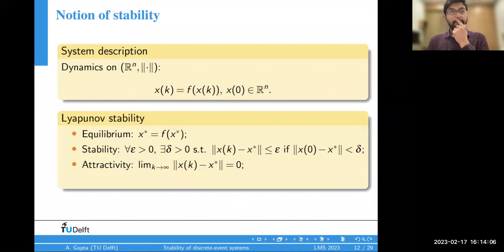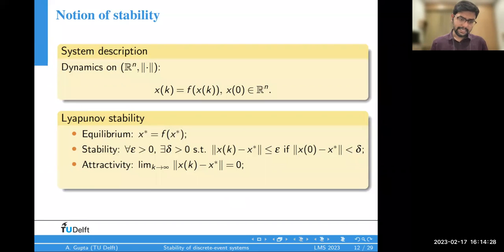The second property is attractivity, and that is where asymptotic stability comes into play. If the trajectory not only is Lyapunov stable, but eventually goes to the equilibrium at an asymptotic rate, we say the equilibrium is attractive as well.